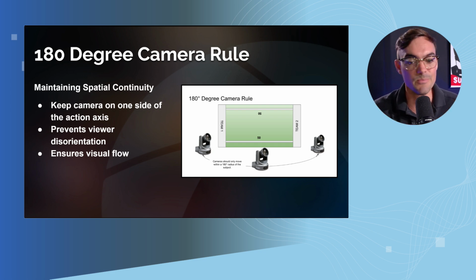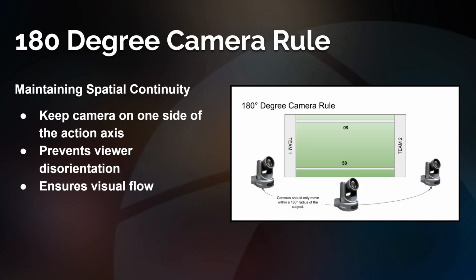And whether you're doing sports or a podcast, this is something to think about. It's okay to show a behind-the-scenes camera that is behind and breaks this rule. It's okay to break this rule, but do so knowingly and think about doing it for specific situations.